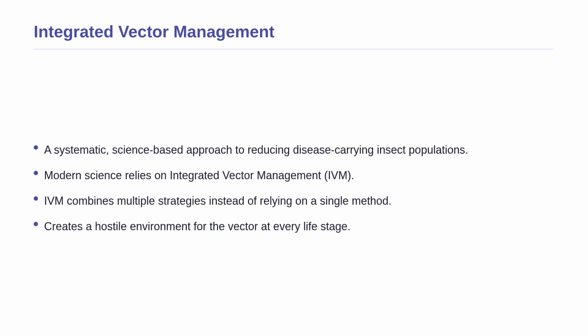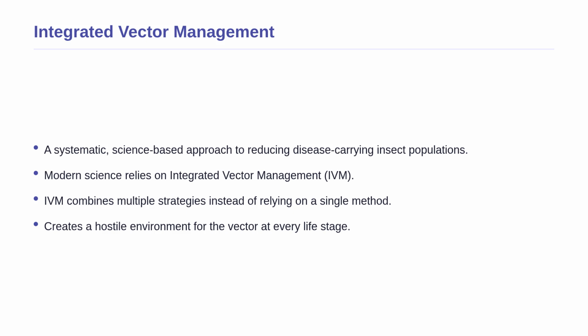Now that we understand the proactive mindset, let us define what this looks like formally. Insect vector management is a systematic, science-based approach to reducing or eliminating populations of disease-carrying insects. Modern science relies heavily on something called integrated vector management, or IVM.